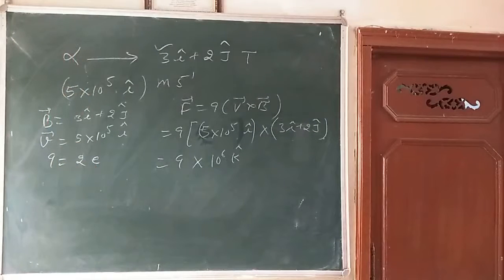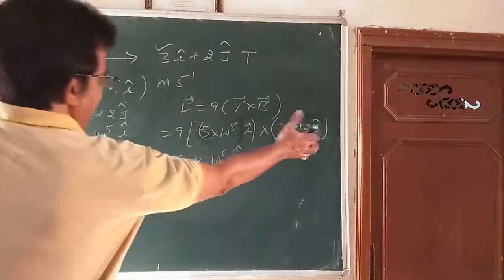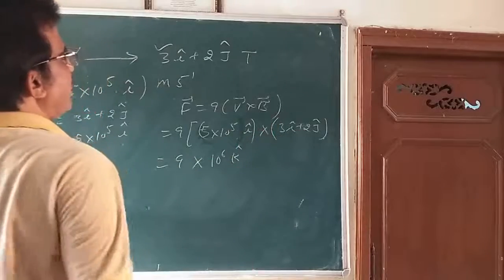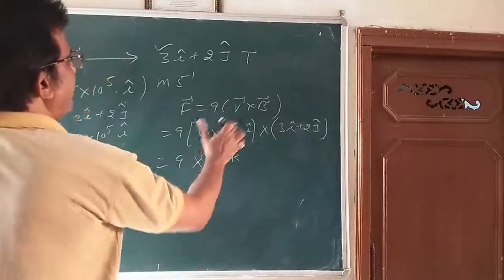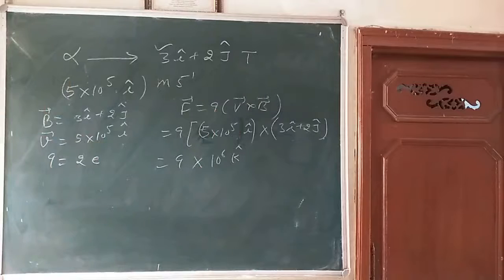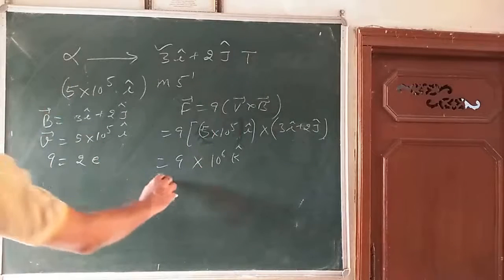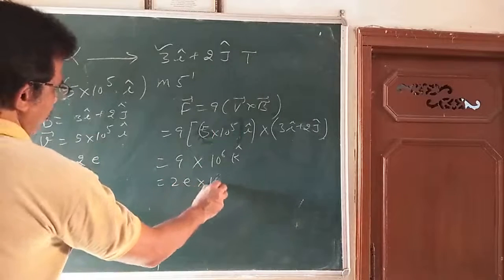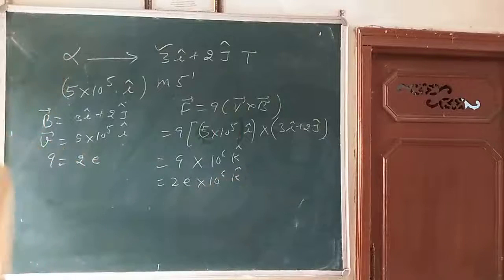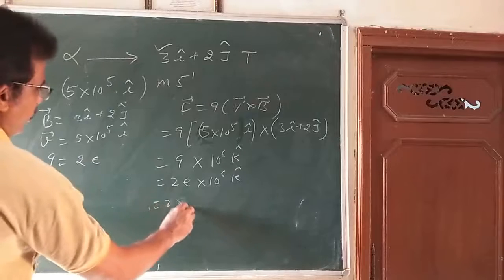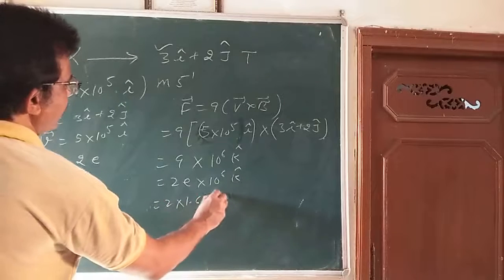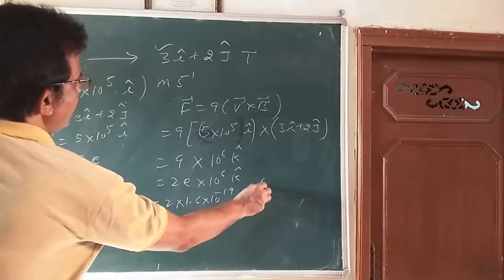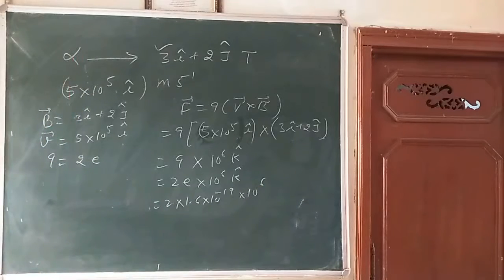Otherwise, i cross i becomes 0. i cross j is k. So we just multiplied it: 5 into 2 is 10, so 10 raised to power 6. Here you can write charge is 2e into 10^6 k cap. So here you can write 2 into 1.6 into 10^-19 into 10^6 k cap.